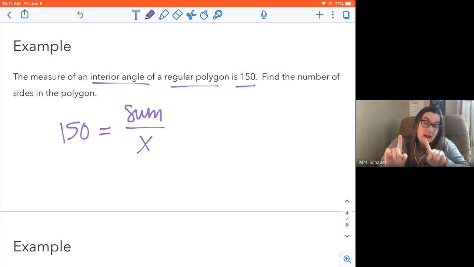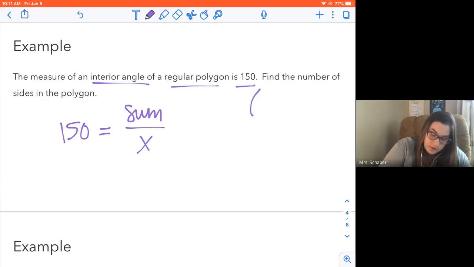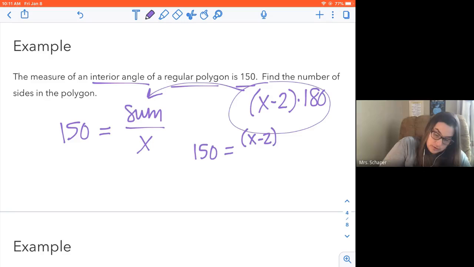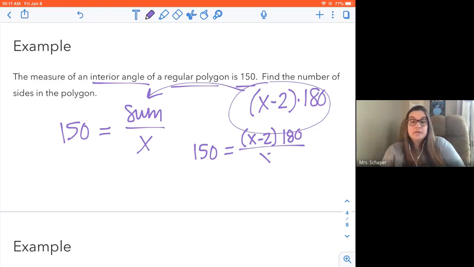The total sum of the interior angles is going to be the number of sides minus 2 times 180. So I'm going to replace this into my formula. I'm going to have 150 is equal to the quantity x minus 2 times 180 divided by the number of sides.